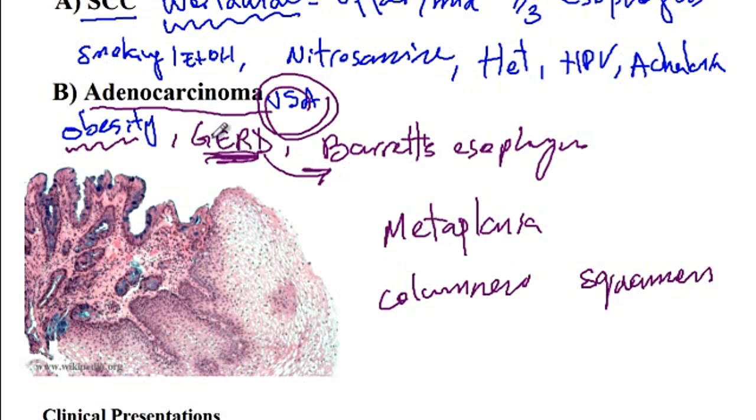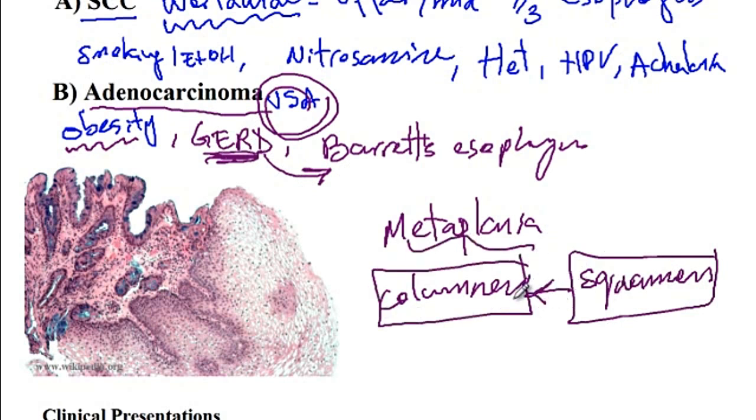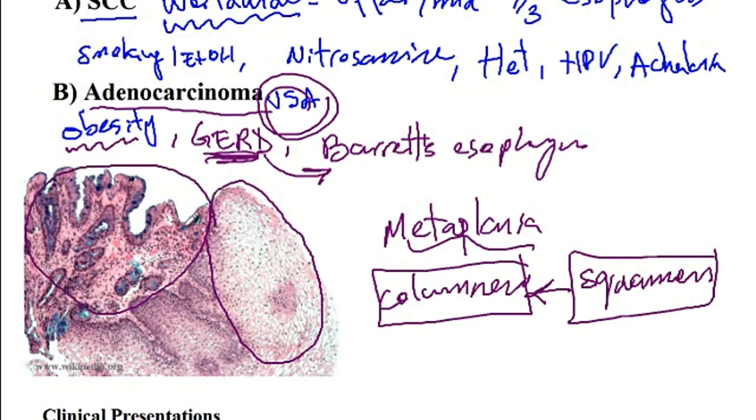So once there is acid reflux and the acid keeps on hitting the squamous cells inside the esophagus, they will undergo metaplasia and turn into columnar cells so that they would be able to tolerate the stomach acid. Here is an example of Barrett's esophagus, where you can see that there are squamous cells on this side, but the other side, the left side of the image, has undergone metaplasia and has formed columnar cells.